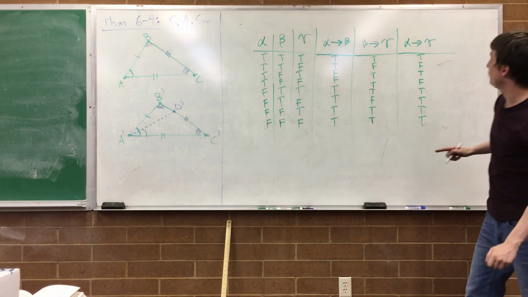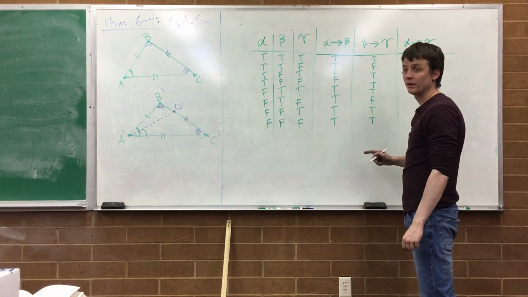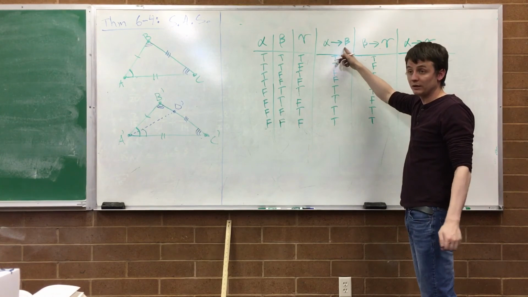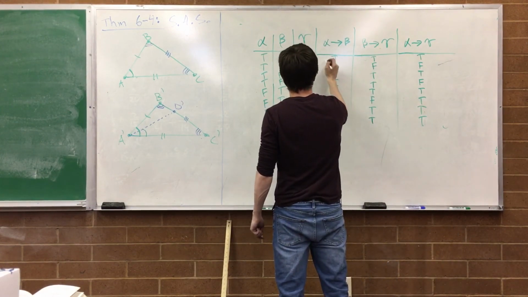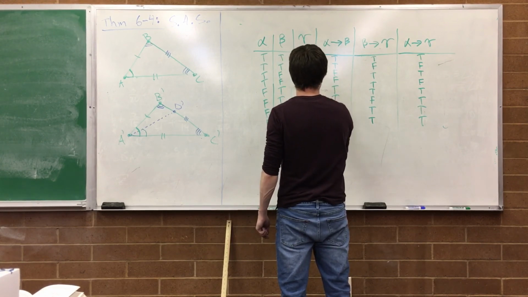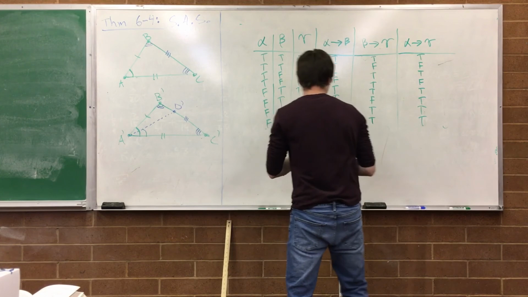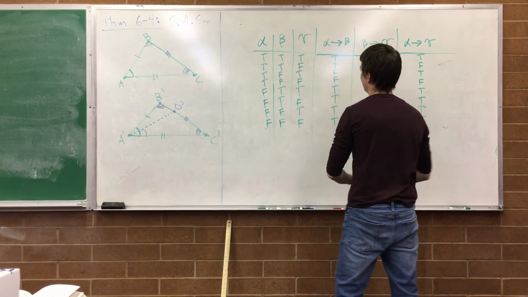Yeah. So if beta implies gamma, hold on. If alpha implies beta is true, those far scenarios, here, here, here, here. Let's just put a line through what we're not talking about.